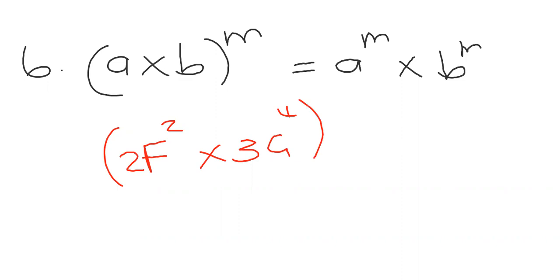Then everything raised to the power 2. This one is a little bit complicated. It looks a little bit complicated, but the concept is the same. It's just that we now have powers inside the brackets, and then we have another power outside the bracket. But the concept is still the same.